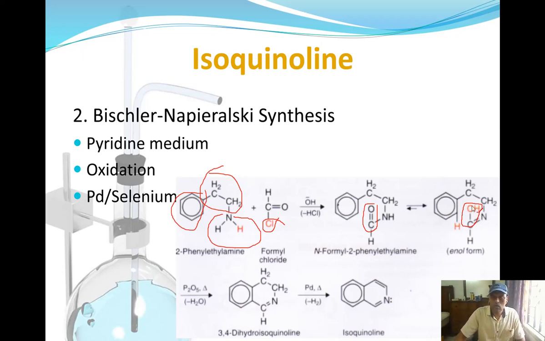And from this enol form again, you're going to take out the water using phosphorus pentoxide, right? You have to use pyridine as a medium here.